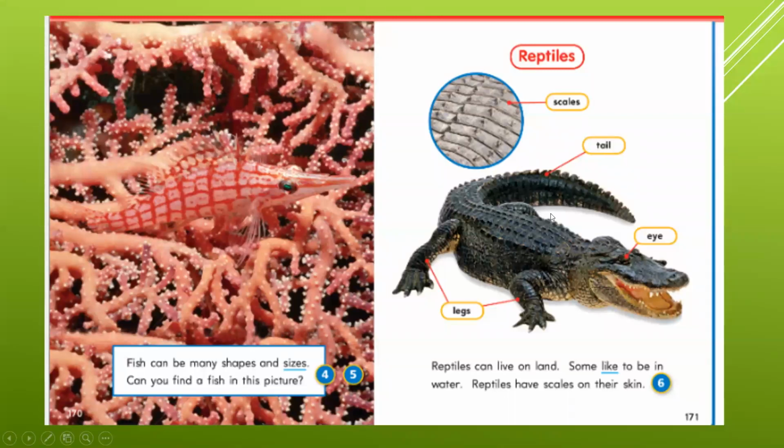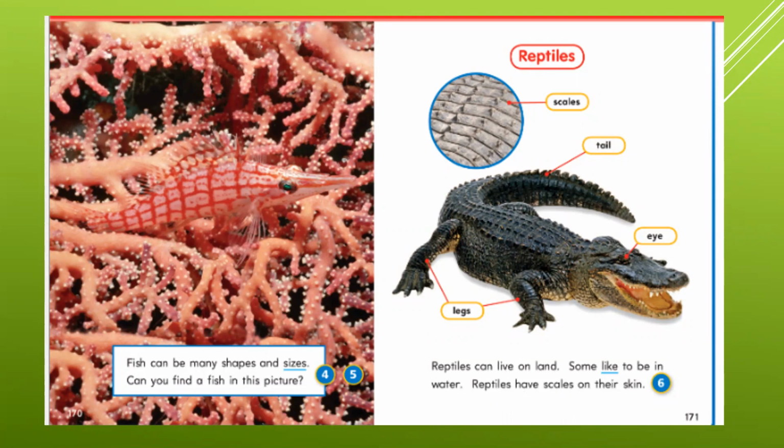I can find the alligator in the water. They live in the water and also they live on land. So reptiles can live on land, and some like to be in water. Reptiles have scales on their skin. Again, the second group, reptiles.